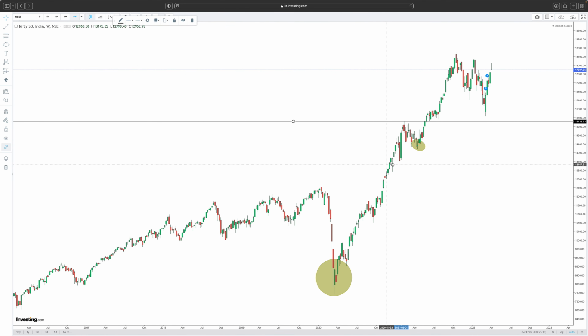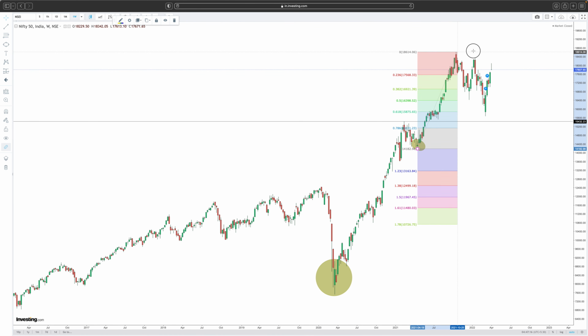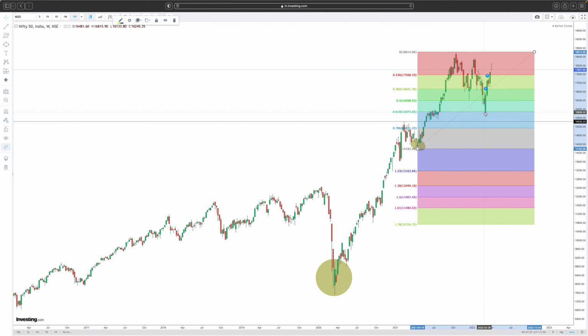Now, when we are seeing this as the pivotal low, what would the trader naturally do is connect the pivotal low with the pivotal high and see where in that zone the stock takes support. Now, all of a sudden, the weekly time frame trader is seeing the market pull back all the way to 61 fib levels, and we have understood that for such a trader the target is going to be 138 fib levels.